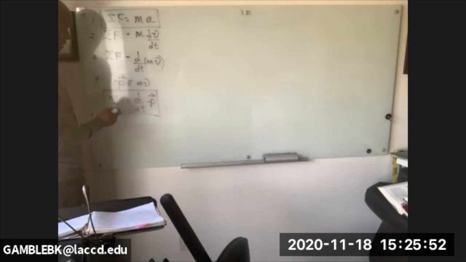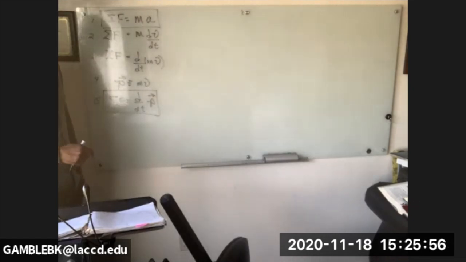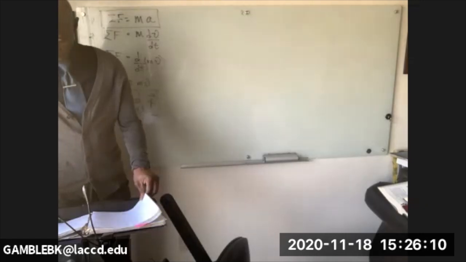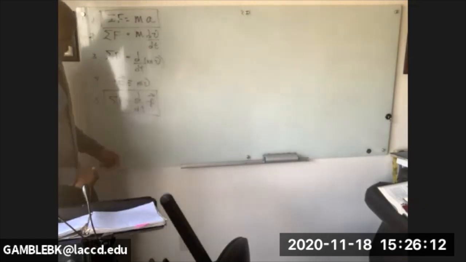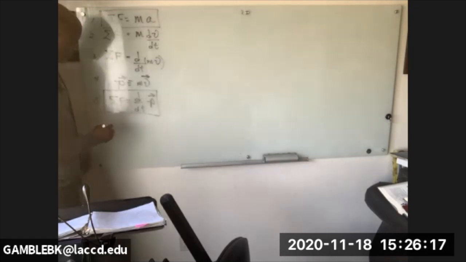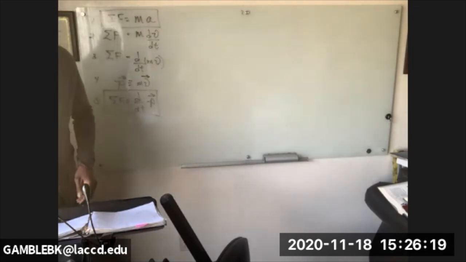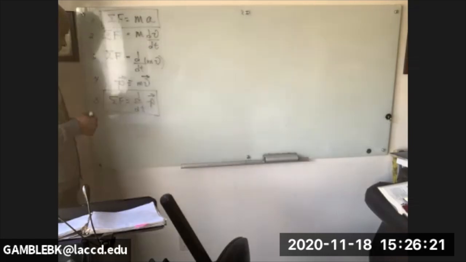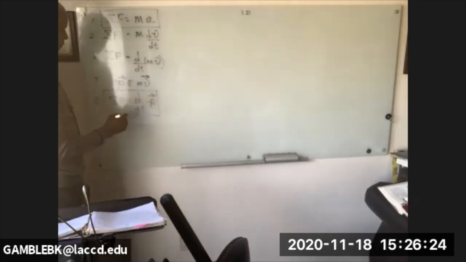So the second law can be stated as net force is equal to mass times acceleration, or net force is equal to the time rate of change of linear momentum. So it's the definition of momentum. It's a vector quantity. So momentum is a vector quantity. Or linear momentum.